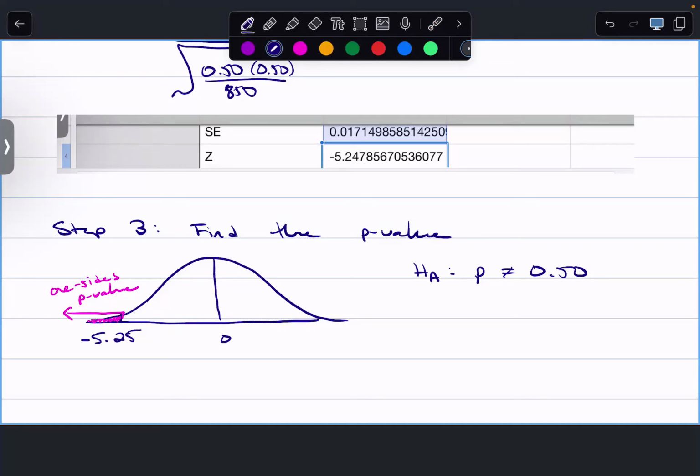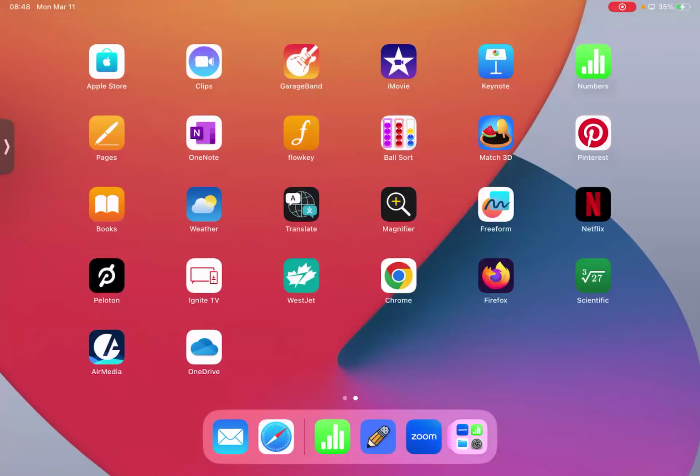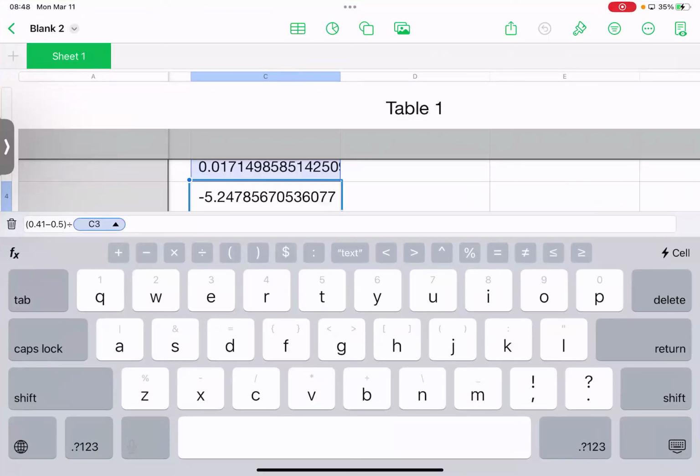And so how are we going to find the area under the curve? To find the area under the curve, we use the norm inverse command, norm.s.inverse probably.